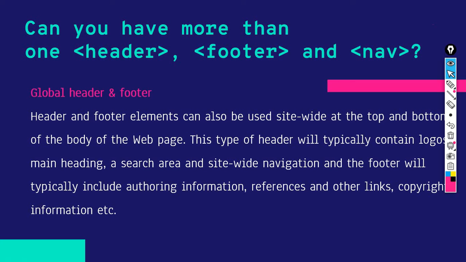A footer will typically include authoring information, references, and other links, copyright information, and so on. Sometimes the header of a web page comes from a template file, which is used throughout the site as a global header.